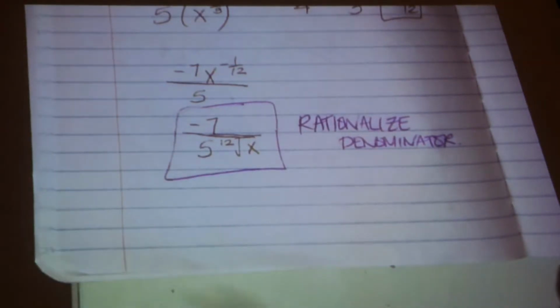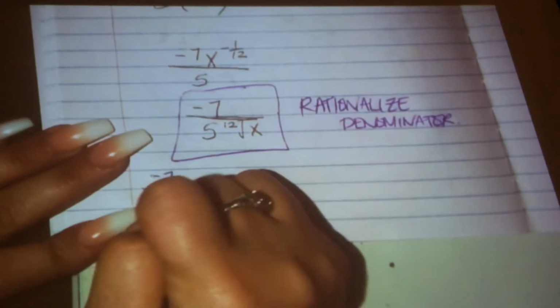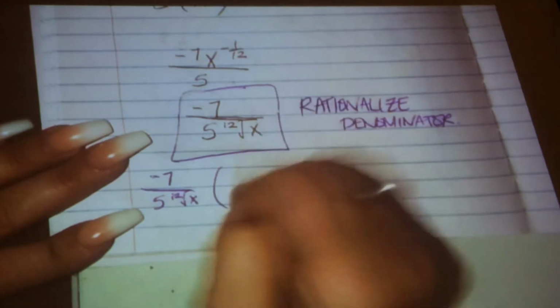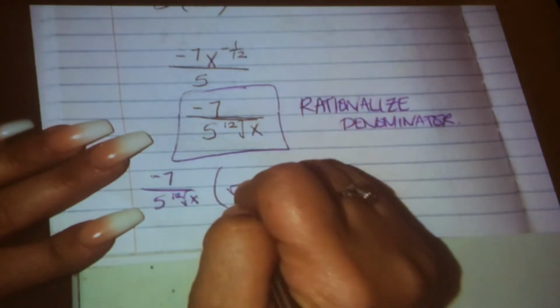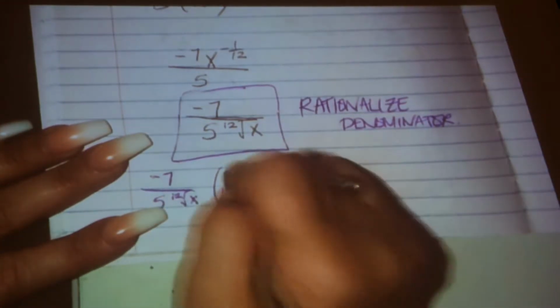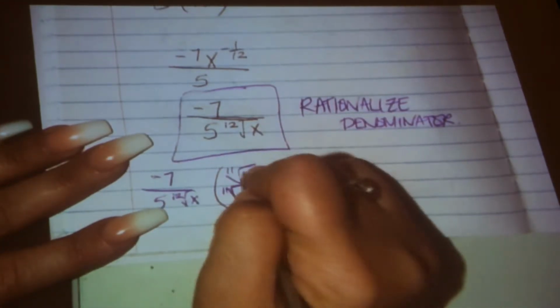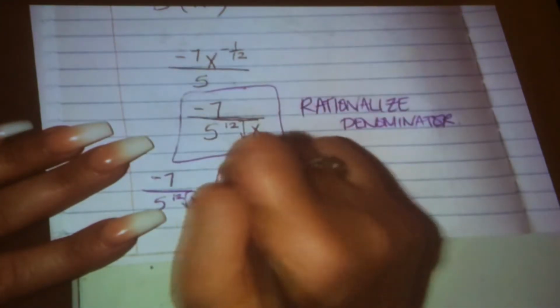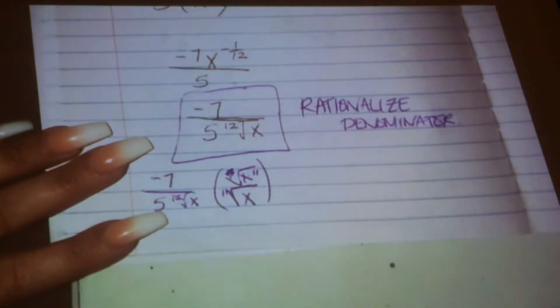So if I have negative 7 over 5 times the 12th root of x, I'm going to multiply the top and the bottom by 11 of them. Sorry, it's like this. 11 of them. Sorry about that.